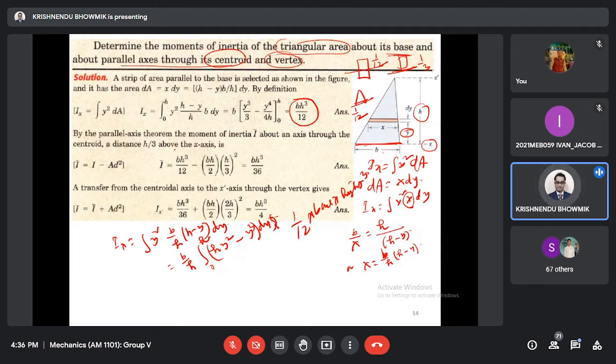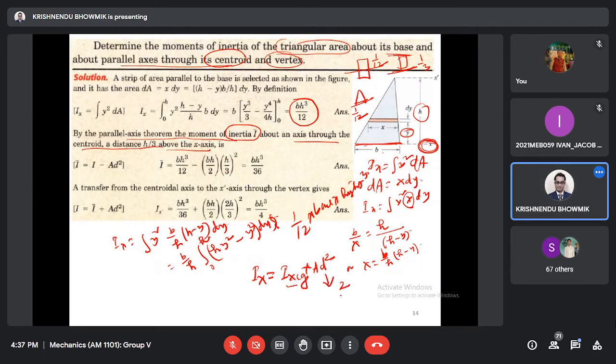Now, next it has been asked to calculate through the centroid using the parallel axis theorem. With the parallel axis theorem, the moment of inertia at the centroid will be a lower value than the axis when we are some distance away, say the x axis. So I write this way, Ix equal to IxCG plus A d square. This Ix, the higher value, equals IxCG, the centroid value, plus A d square.